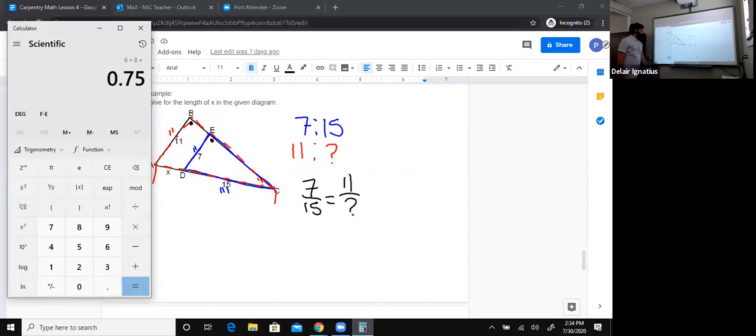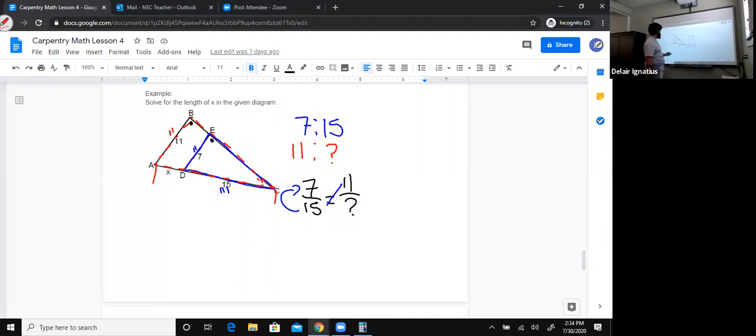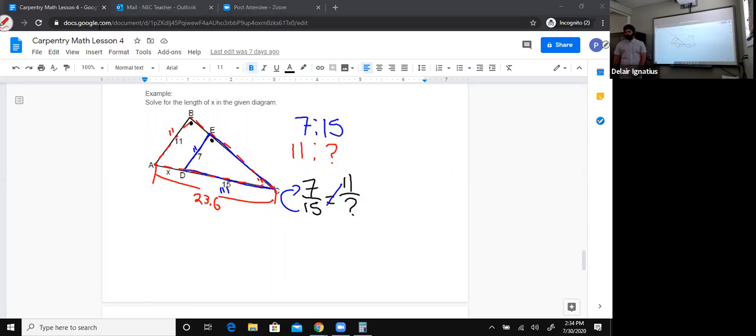We cross multiply and divide. So the two numbers that we have on the diagonal, 11 by 15, and then we divide by the 7. 11 times 15 equals 165, divided by the 7 equals 23.57... So this whole side length then is 23 point, I'm going to say 0.6 because it was 5.7, so we're going to round up.